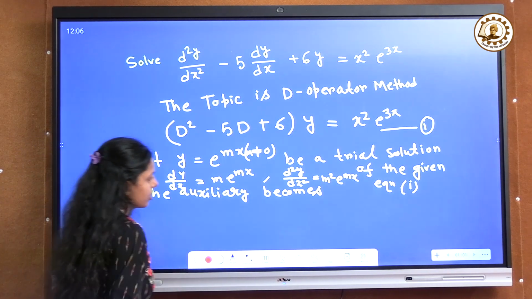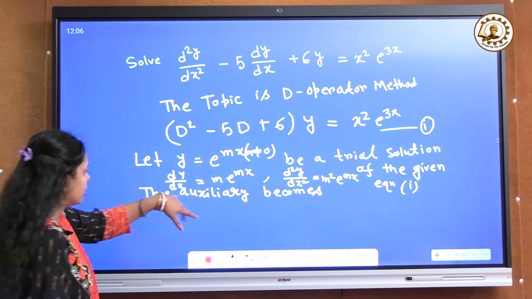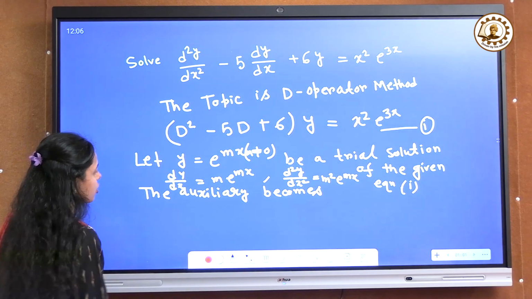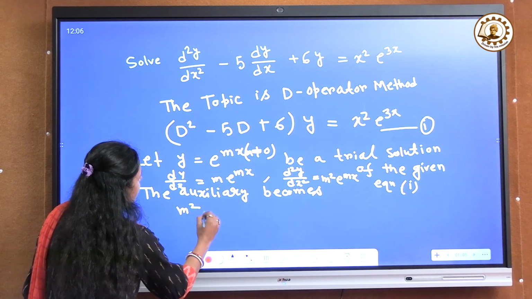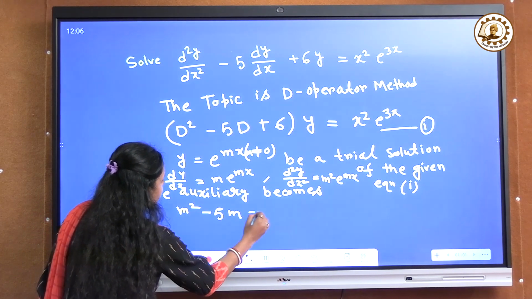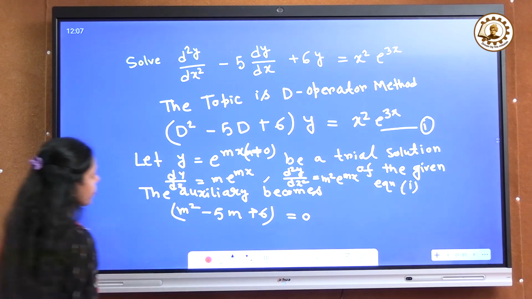So we put all the derivatives in the given equation 1, and the auxiliary equation becomes m square minus 5m plus 6 equals 0.